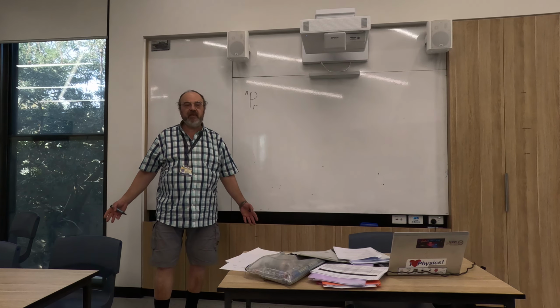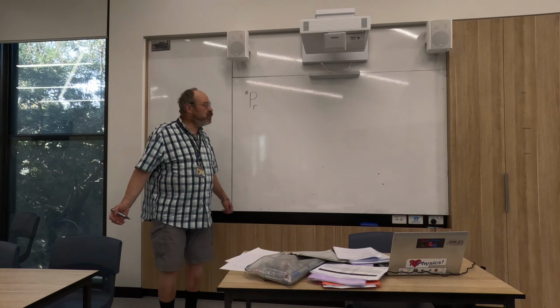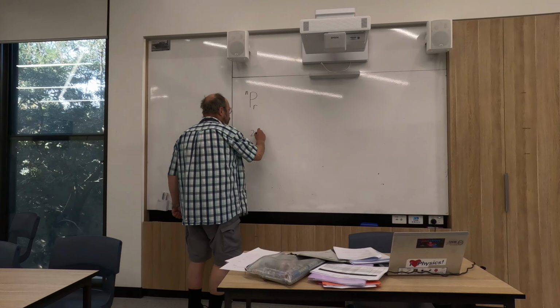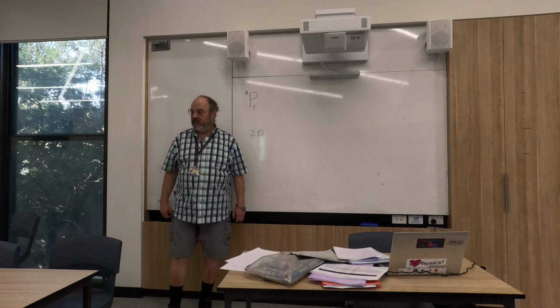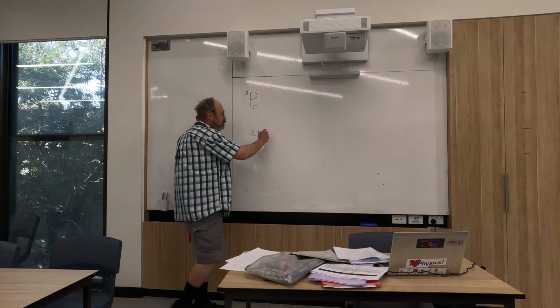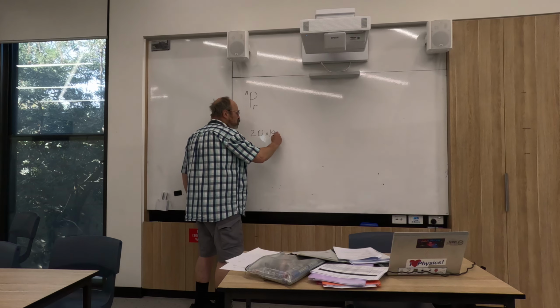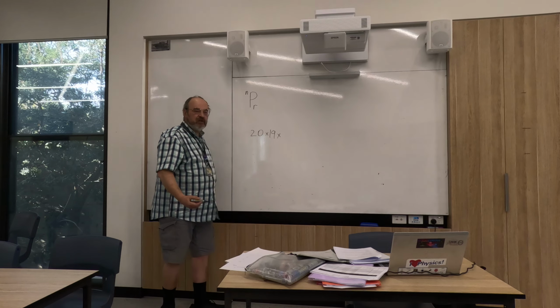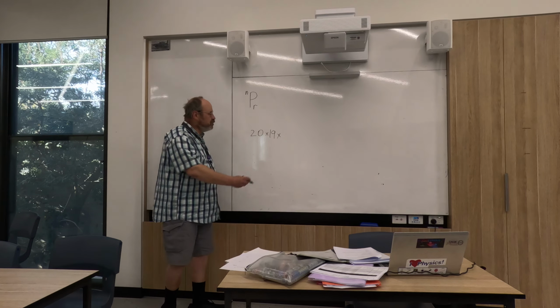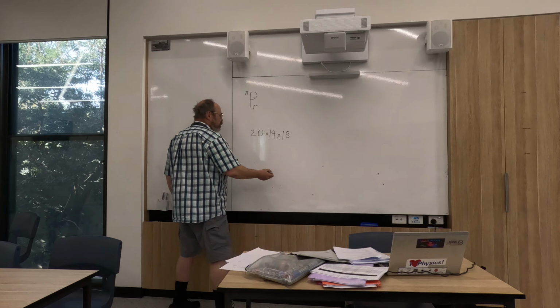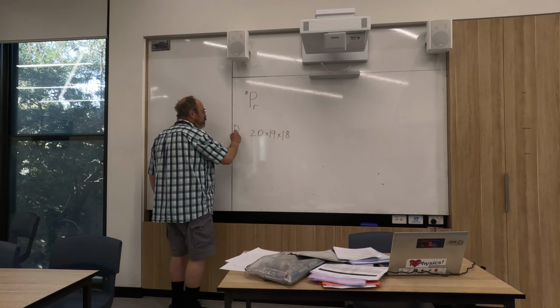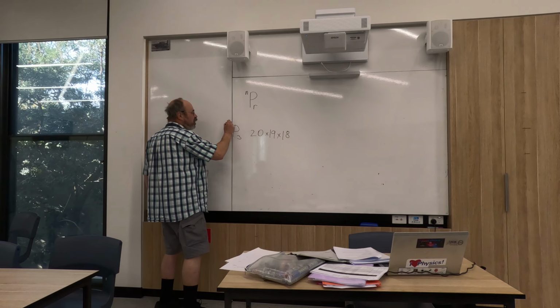There are 20 people in the class, so 20 choices. How many choices are left for secretary? 19. And for the treasurer? 18. So that will be the permutation of 3 out of 20.